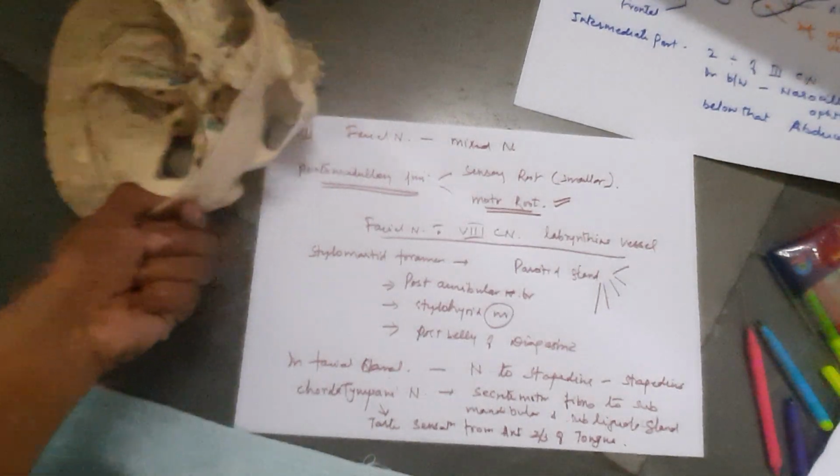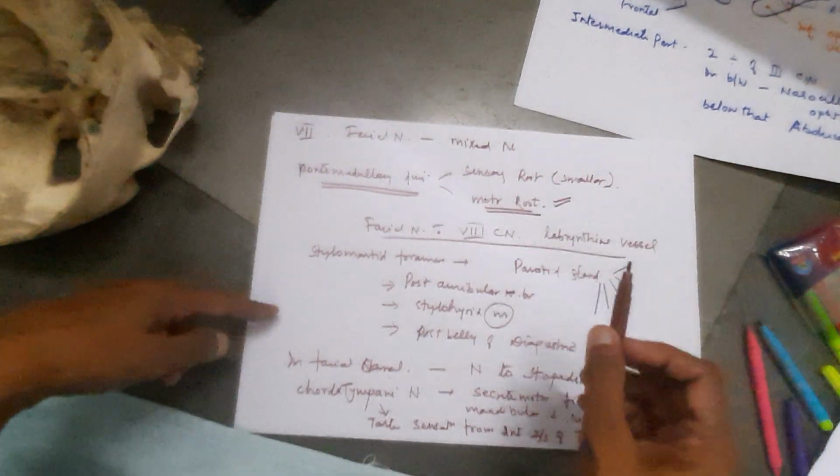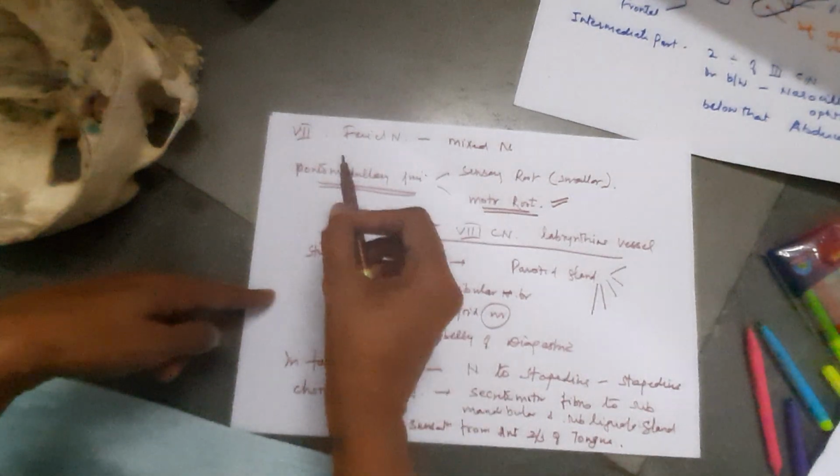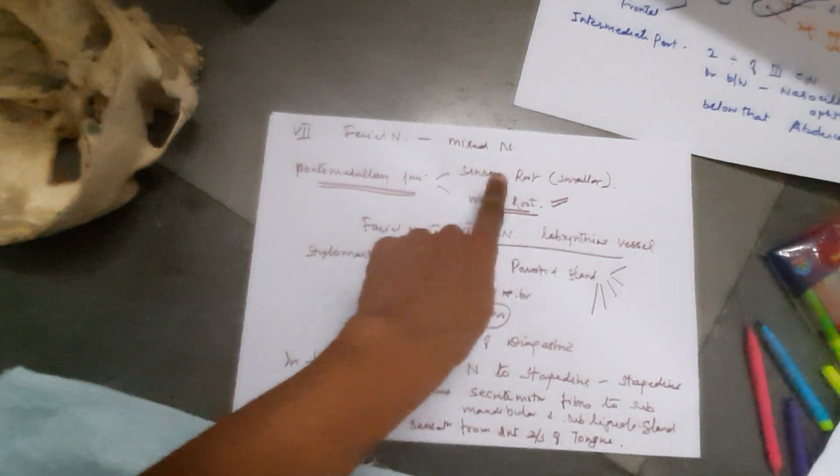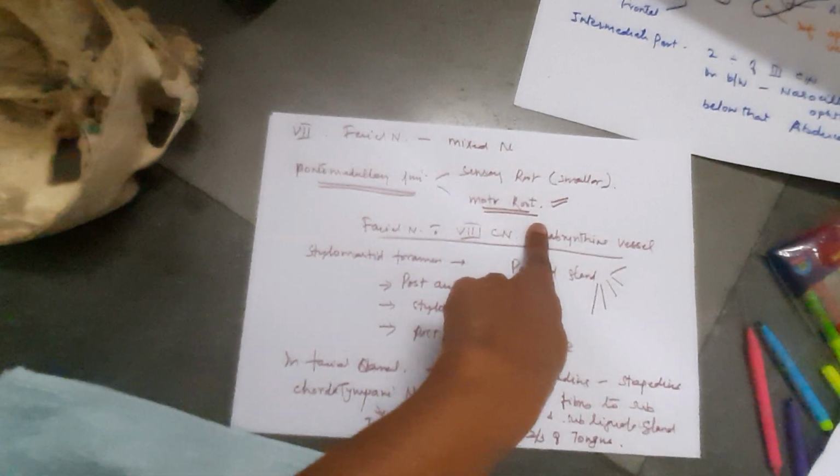Okay, so facial nerve, again I'll repeat, it is a mixed nerve, but it is mainly motor. The nucleus is present at the pontomedullary junction. From this level, 2 roots arise, sensory and motor root.